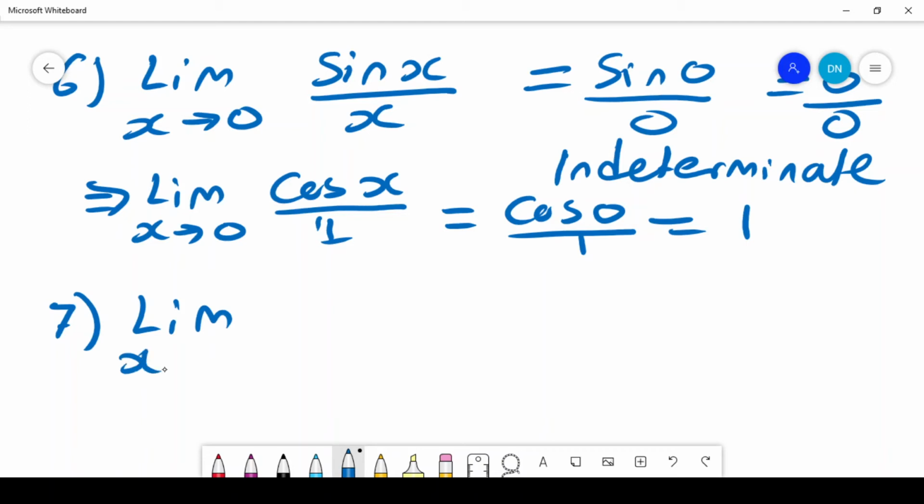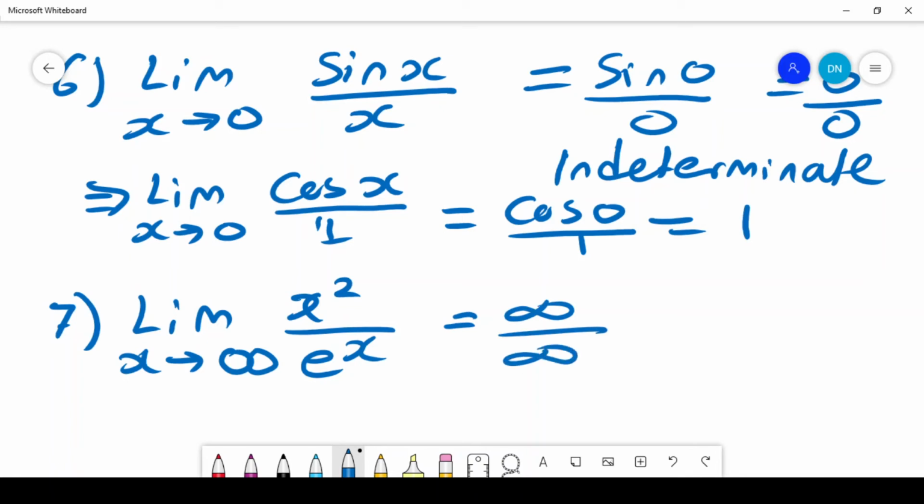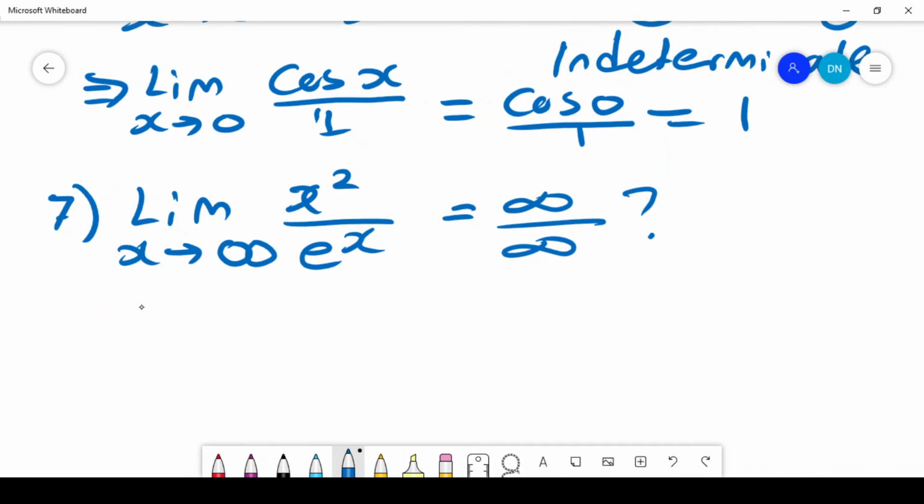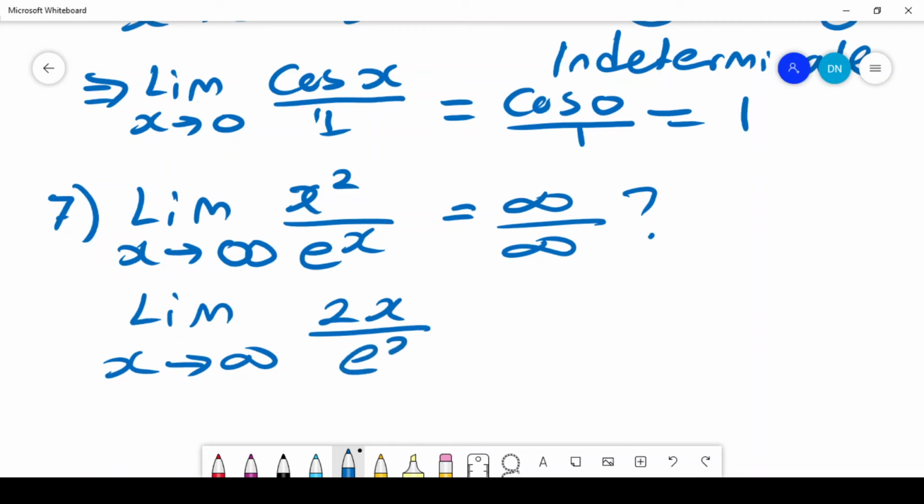There are so many other examples we can think about. We can think about this, where, for example, x tends to infinity. If I substitute this again, it will be infinity over infinity, and infinity over infinity is not known. So we go through L'Hopital's rule again, which means we need to differentiate 2x squared, which gives us 4x, and e to the x again remains e to the x.